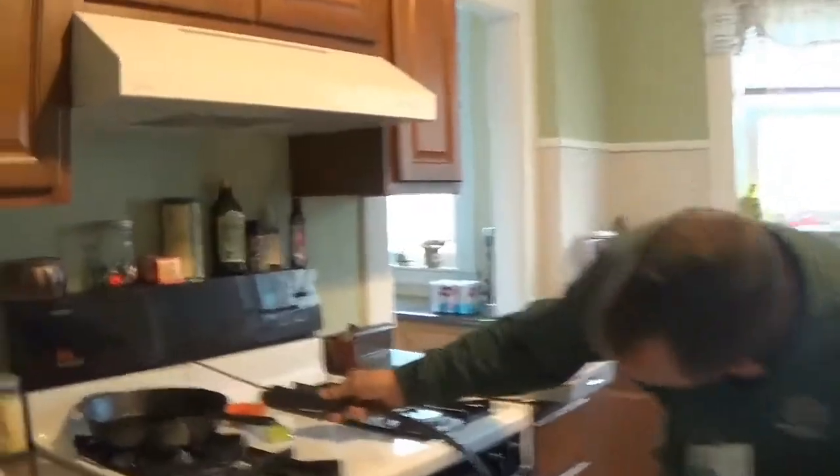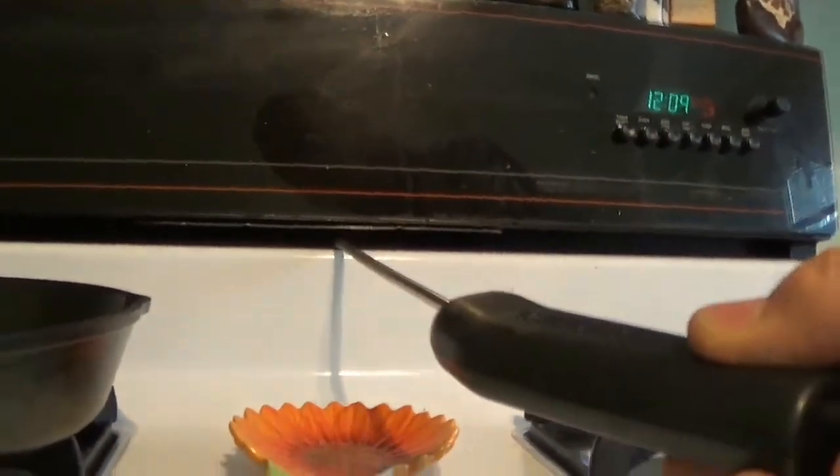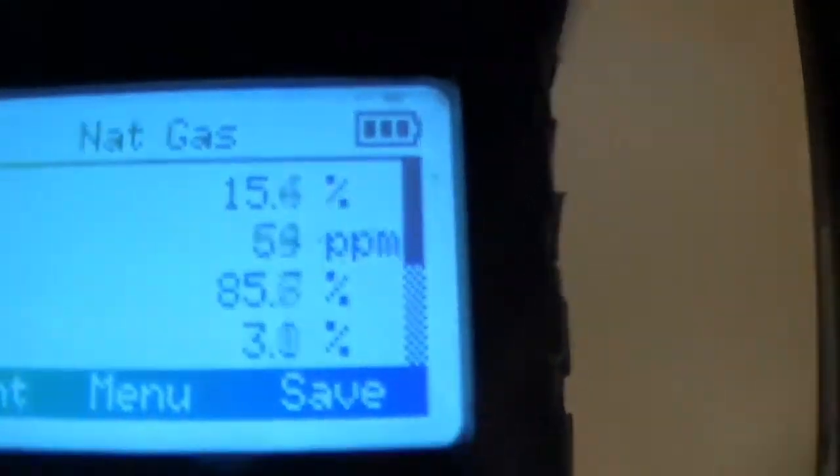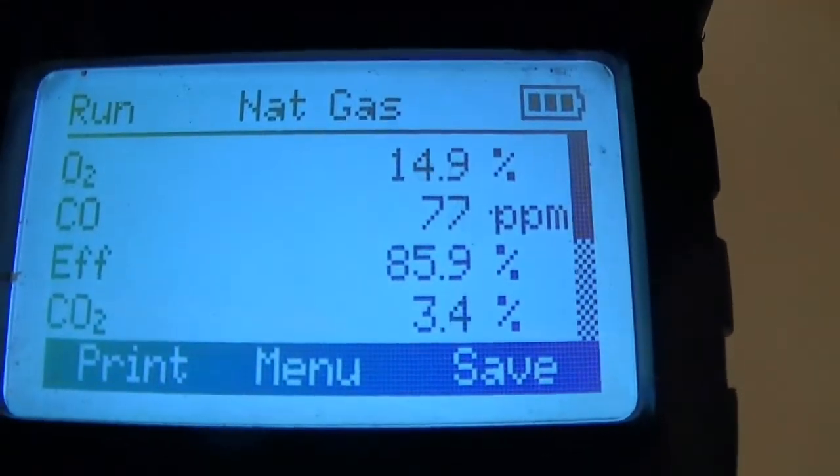And there's only one place where you're going to get a reading, and that's right here. I'm going side to side to the sides of this little exhaust thing. It's a really thin slot. And now I'm looking at the carbon monoxide number, and it's not climbing up really fast. It's getting up.